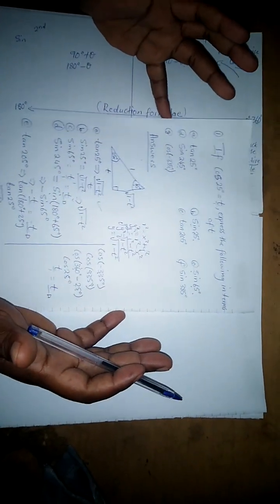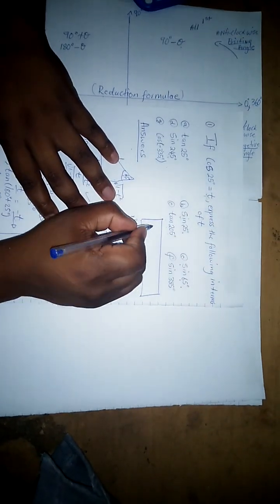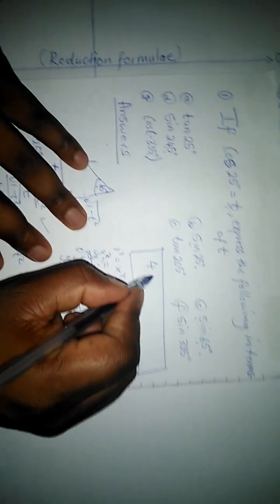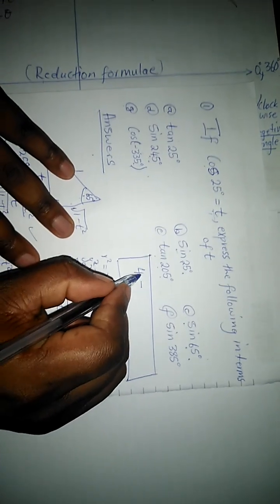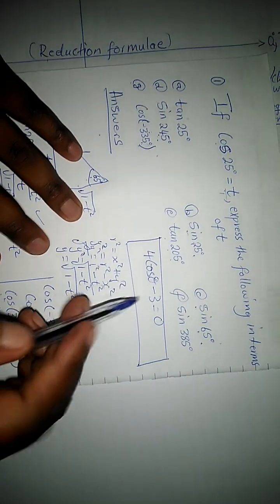Some of these problems come in like this when you are given, let's say, 4 cos of theta minus 3 equals 0.